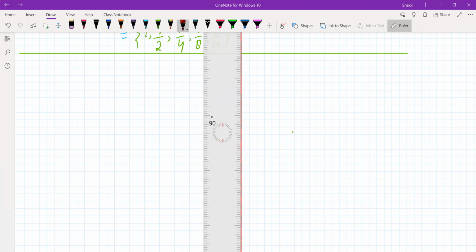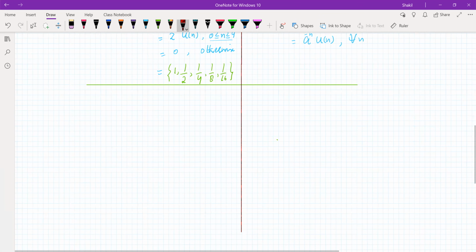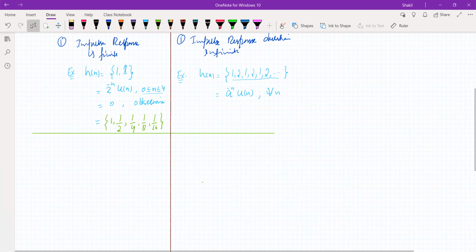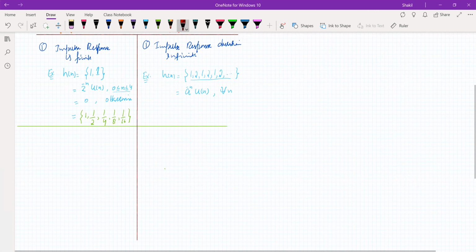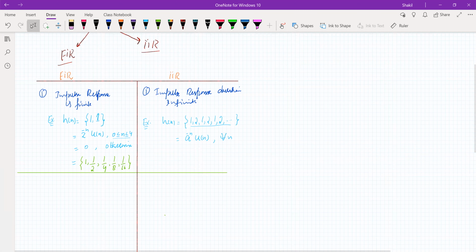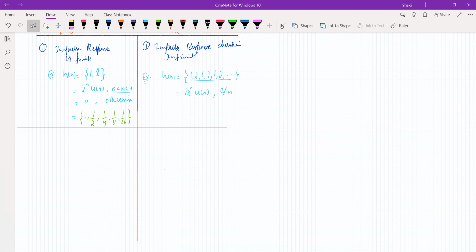Now the second distinction between these two systems, finite and infinite impulse response filters or systems, is this. Every filter is a system in discrete time. So we can say the second difference between the two is the difference equation that models the FIR and IIR filter.